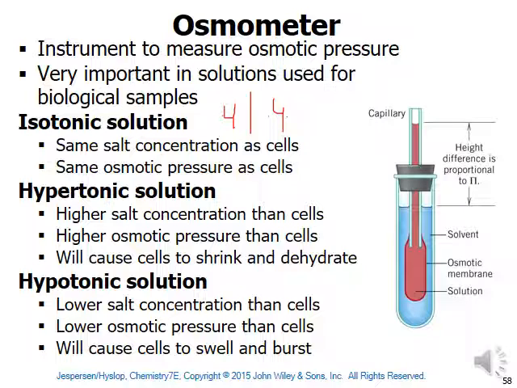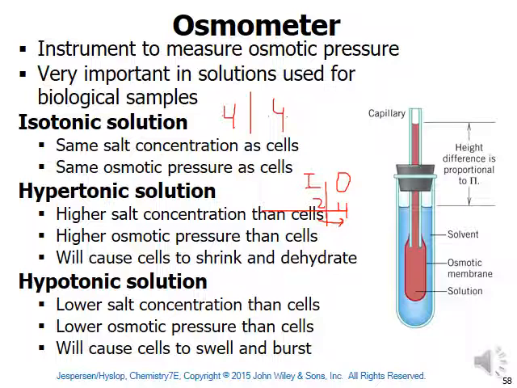Hypertonic is where there is higher concentration on the outside than inside. So let's say this is the outside and the inside, and this is 4 and this is 2. The water is going to move to this side, and so this is actually going to shrink.